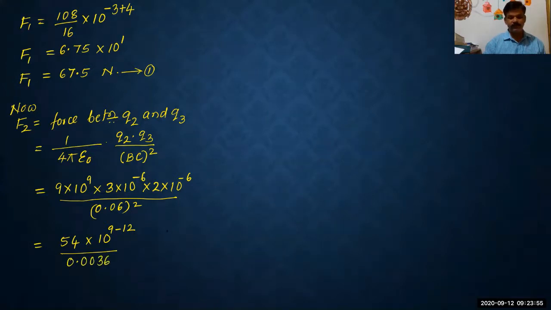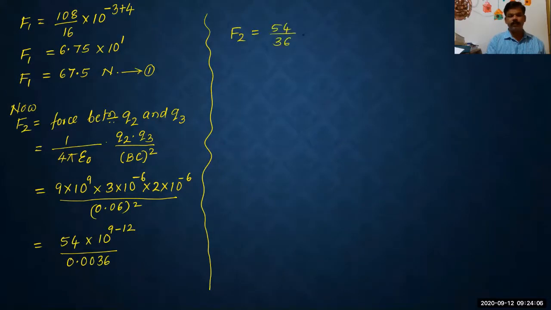Square of 6 is 36, isn't it? Hence, F2 is equal to 54 divided by 36 into 10 raised to minus 3, then plus 4.